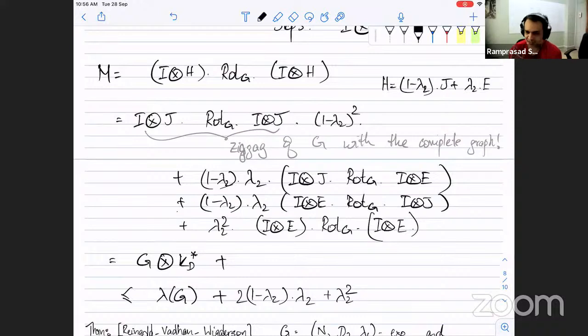But if you really stare at this and simplify things further, it simplifies to the following form: it becomes 1 minus gamma 1 times gamma 2 squared, where gamma i is basically 1 minus lambda i.